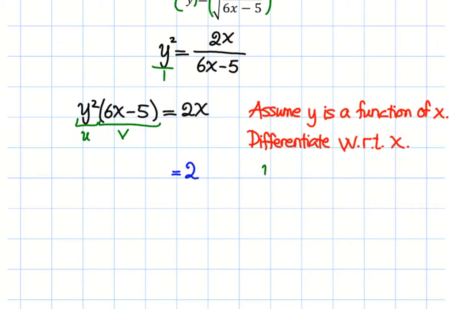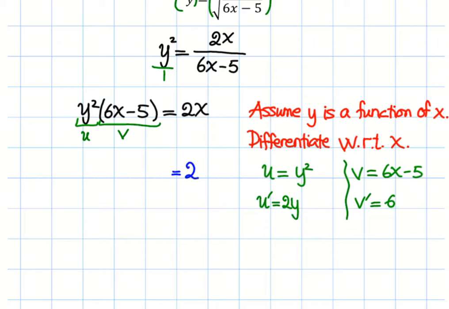So u is equal to y squared and v is equal to 6x minus 5. Derivative of 6x minus 5 is just 6. Now remember y is a function of x, so derivative of u is not going to be just 2y. It has to be the derivative of y as well, or dy over dx.